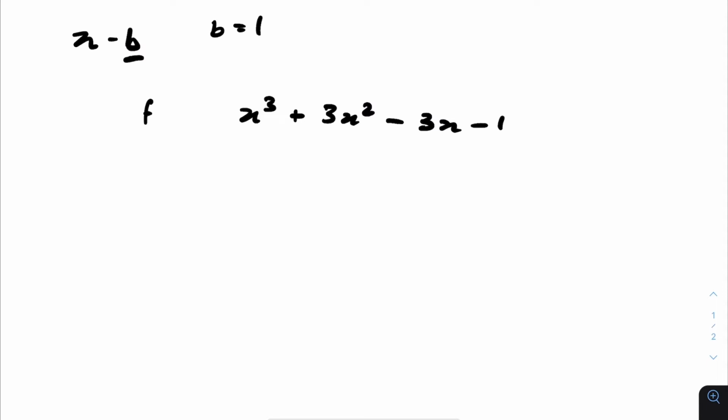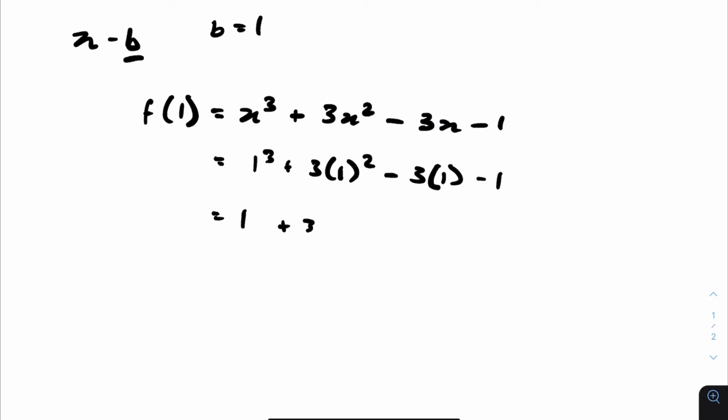So that means we substituted f of 1 in to give us 1 cubed plus 3 times 1 squared minus 3 times 1 minus 1, which gives us 1 plus 3 minus 3 minus 1, which gives us 0. So essentially, since the value of b, which is 1, gave us 0 as an output, x minus 1, therefore, has to be a factor.